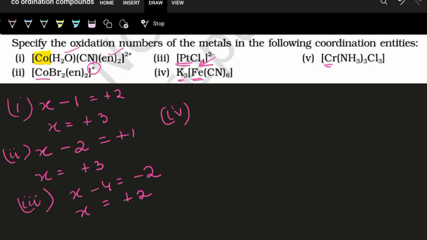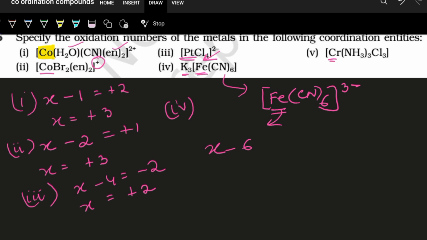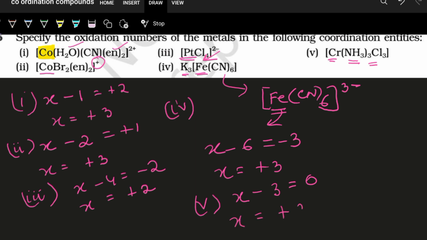So if I consider this as the coordination entity, it will be [Fe(CN)6], with a 3- charge. If I consider this to be X, CN will have -6, equal to -3, so X is equal to +3. Fifth one, chromium can be taken as X, and NH3 is neutral, and Cl3 is -3, no charge over there, so X is equal to +3.